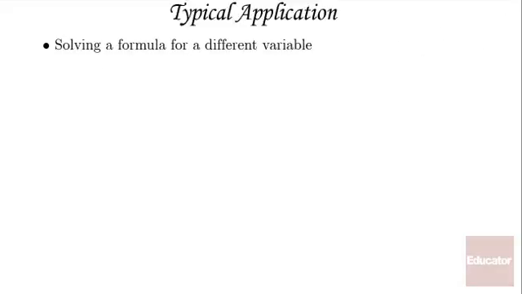A typical application of this would be being asked to solve a formula for a different variable. If you look at an equation such as y equals 2x plus 3, it's already solved for y, but you might be given this equation and asked to solve for x.